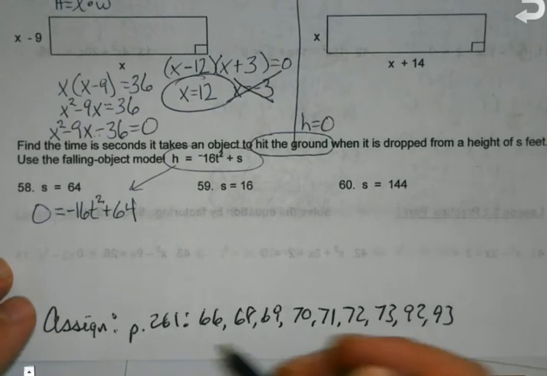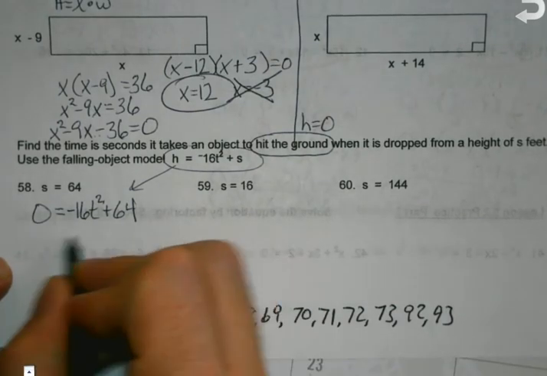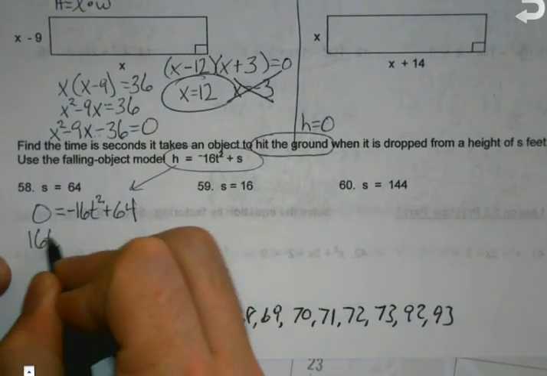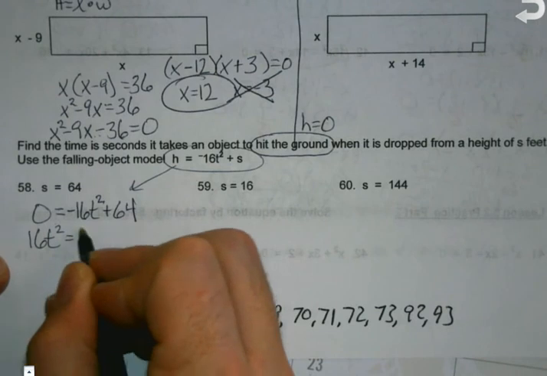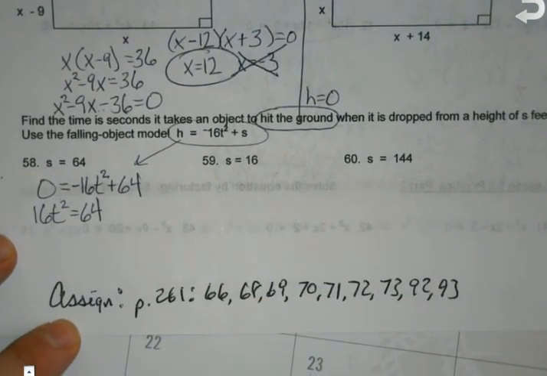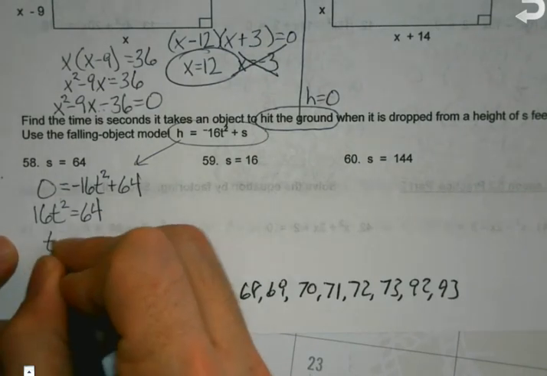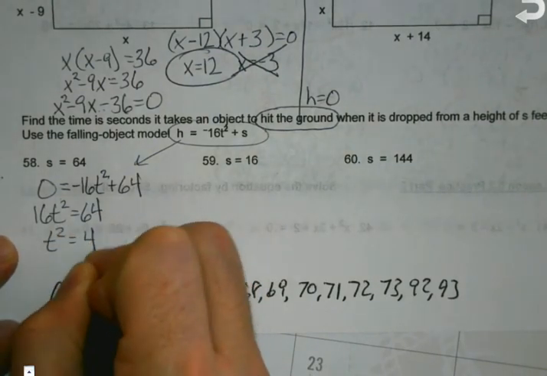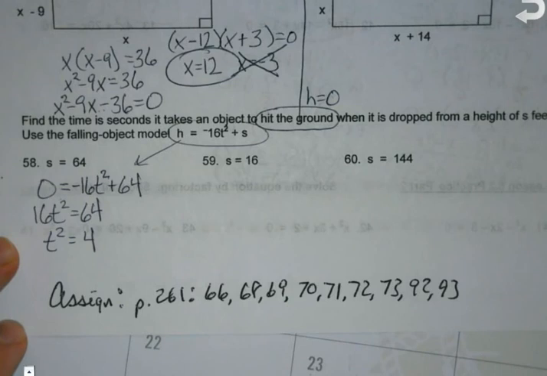Now again, this is just me. I like avoiding negatives. I'm going to add the 16t squared over here. If you chose to subtract the 64, that would get you the same answer at the end. What would my next step be? Divide by 16. And now square root it.